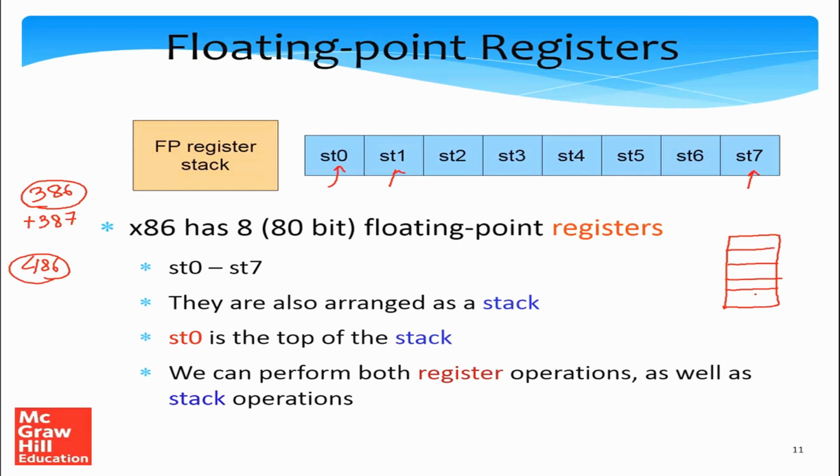Now if we need to remove any book, we start removing books from the top. So any book which was added last will also be the first to be taken out. It's the same for register values as well. So let's assume that we have a stack of 8 floating point values. This is called the floating point stack or the FP stack.